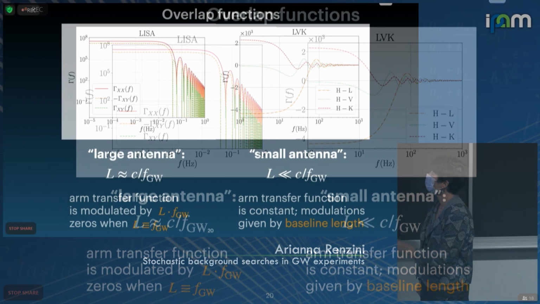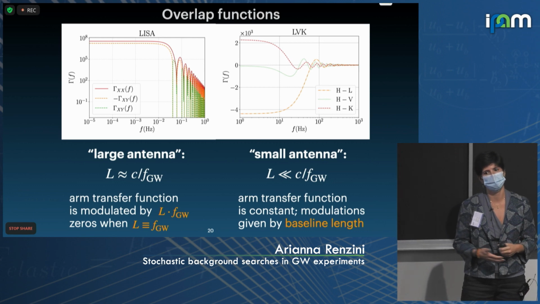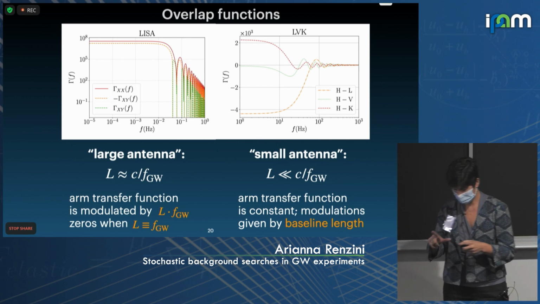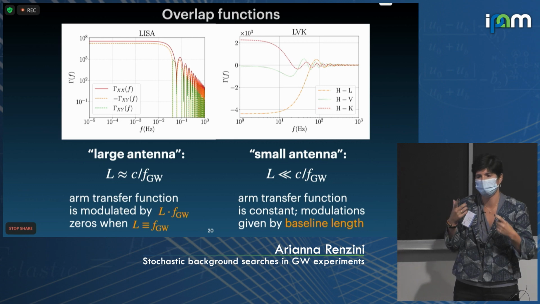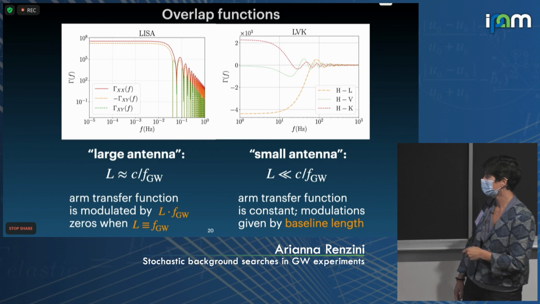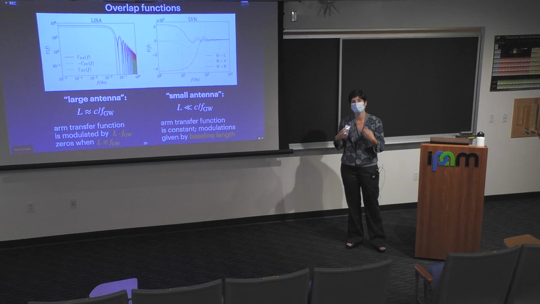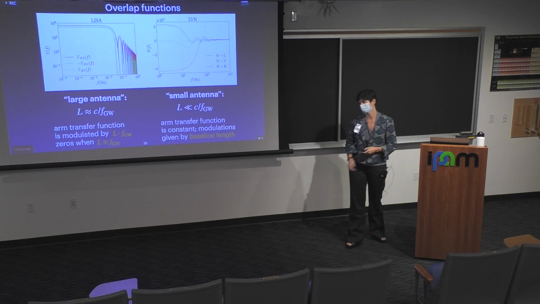On the ground, we operate in what we call the small antenna limit. That means that the arm length of the detector, or the scale of the detector, which I'm representing with a generic L, is much smaller than the wavelength of the gravitational waves that we're probing throughout the measurement.